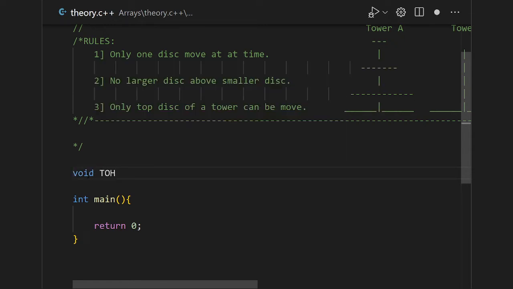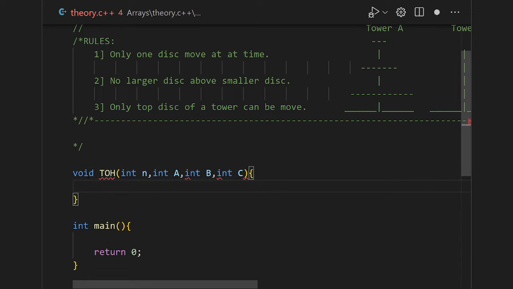So, Tower of Hanoi. There are four parameters. The first parameter is n, which indicates the number of stones or number of disks, whatever you want to call it. The second, third and fourth parameters are the towers.